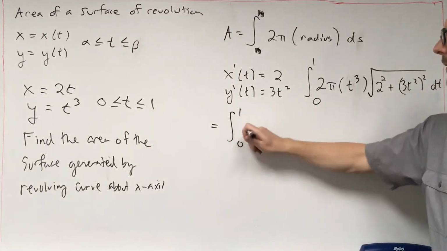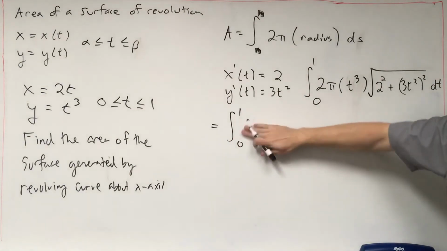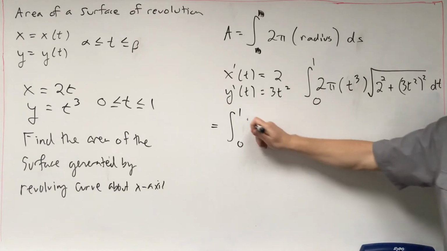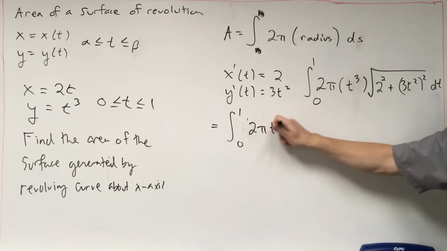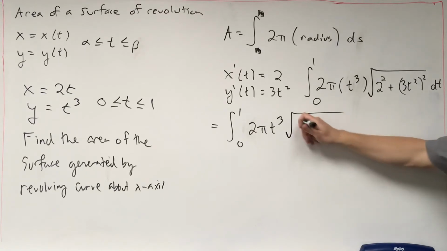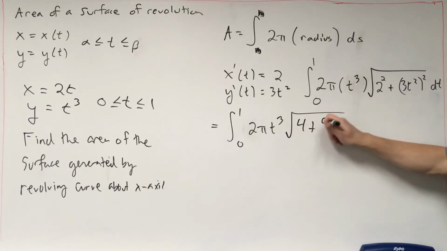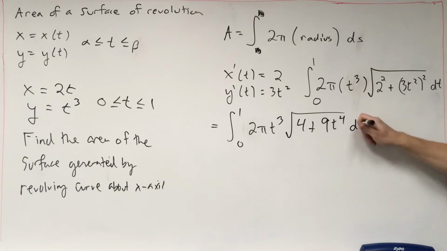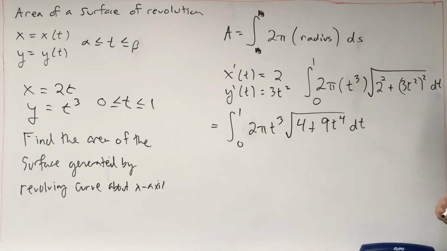So let's simplify what we have under the root, and we'll go ahead and combine this as well. So 2 pi t cubed, and then we have a square root of 4 plus 9t to the 4th dt. We can evaluate this integral using a basic substitution.